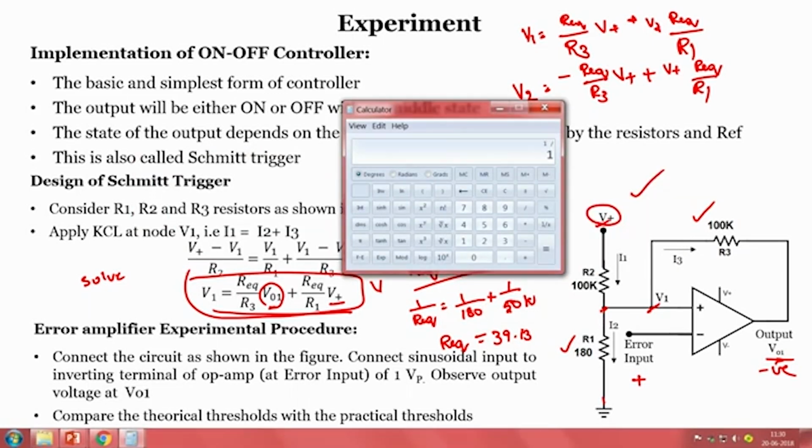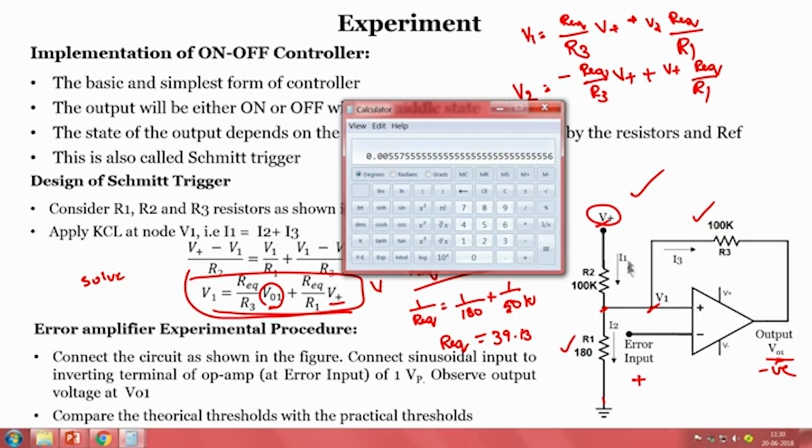Let me do it once again. 1 by 100 K plus 1 divided by 100 K, so that is 50 K. So, 1 by 50 K. Now, we need 1 divided by 180 plus 1 divided by 50 K. So, it is 0.0055.